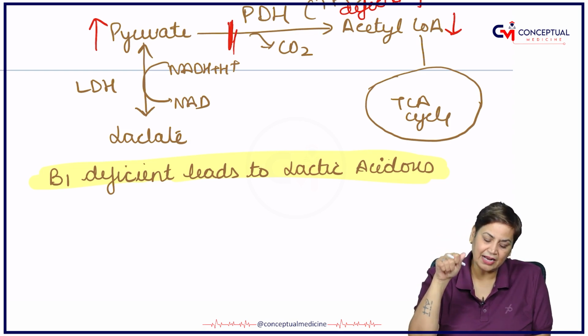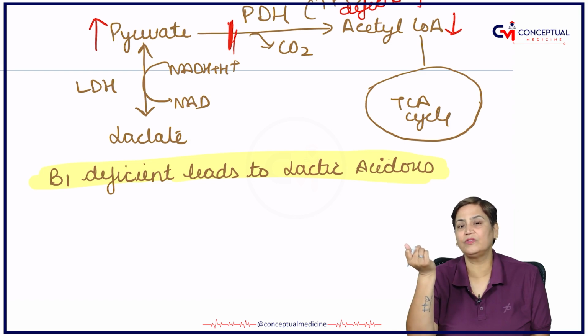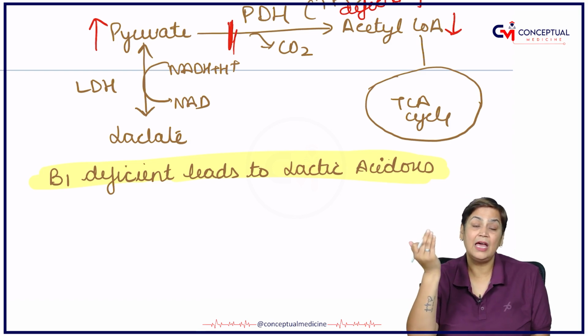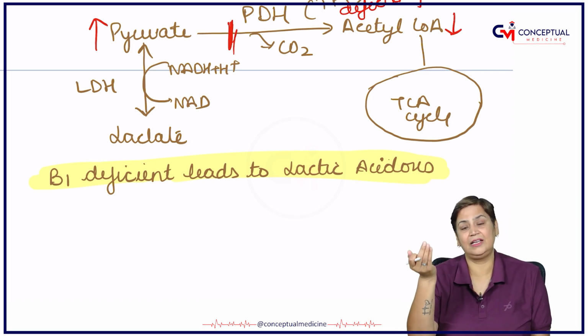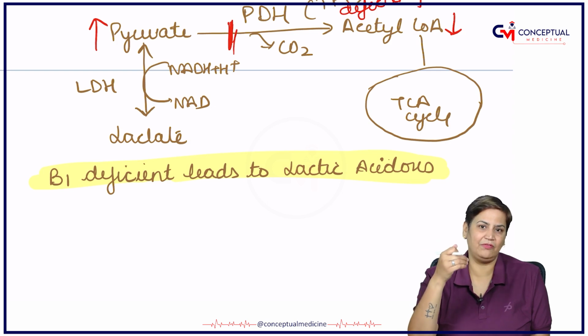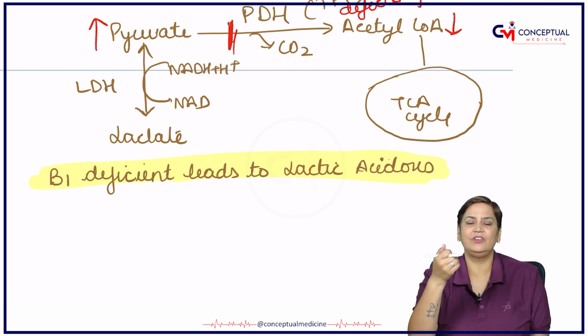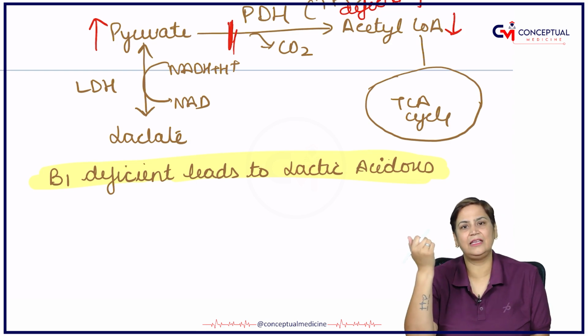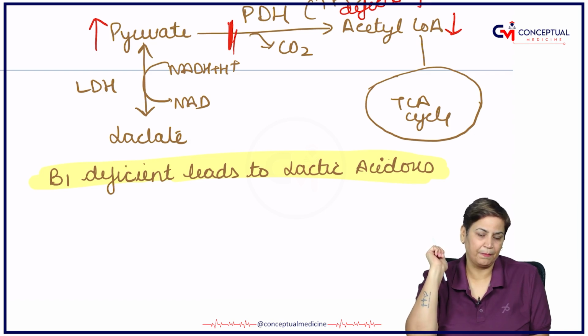And if it is left untreated, it will lead to Korsakoff psychosis. Psychosis means there will be amnesia, loss of memory, and it will lead to confabulations. And along with this, it leads to beriberi, which can be wet, leading to edema, which can be dry, where there are neurological manifestations, and infantile beriberi if the mother is deficient of B1.